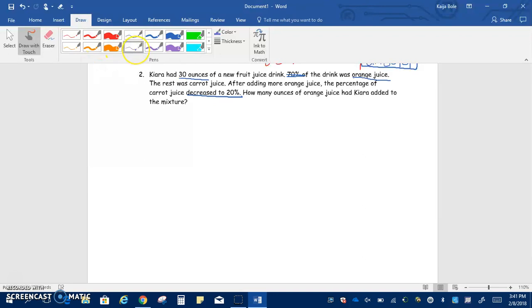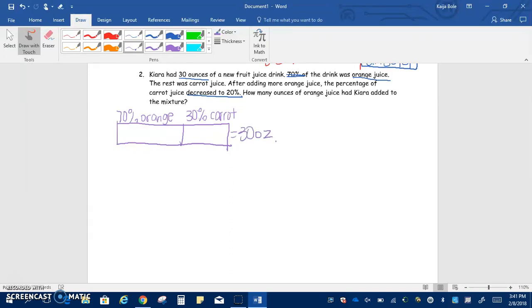So if we start here with our original drawing, we are talking about juices here. So we know it was 70% orange. And the rest was carrot, so that'd be 30% carrot. And the total here was 30 ounces.